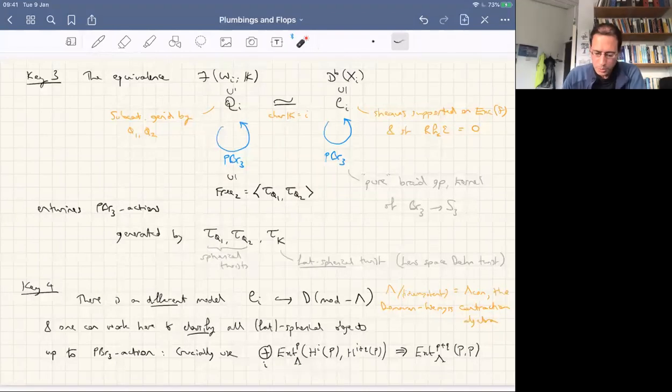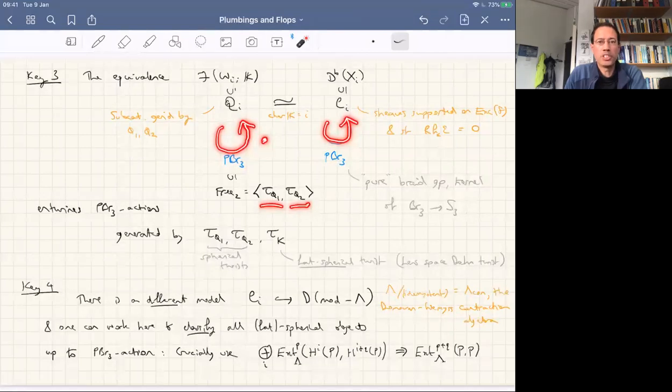So it's also true that there are braid group actions extending the free group I mentioned earlier, generated by the 2 obvious spherical twists. They're actually now pure braid group actions on both sides here. On the symplectic side, they're generated by the 2 Dehn twists in the Lagrangian 3-spheres I fed in.